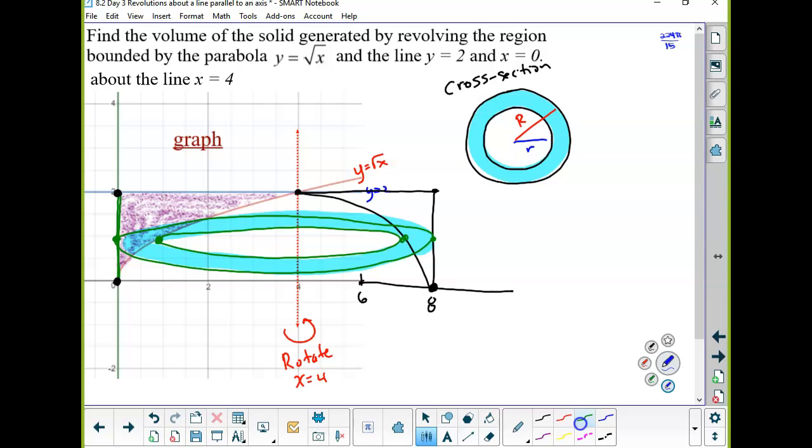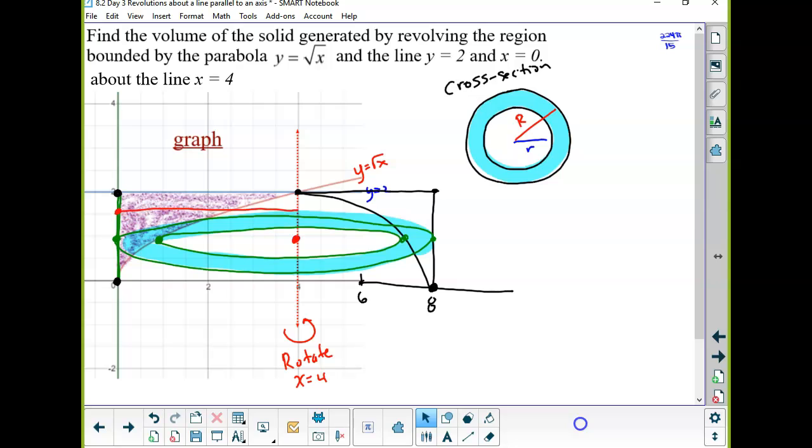Now here's my hint for finding the radii. We really want to focus on the functions themselves. So in this case, let's look at the big radius first. The large radius goes from the center of rotation all the way out until we hit that x-axis.